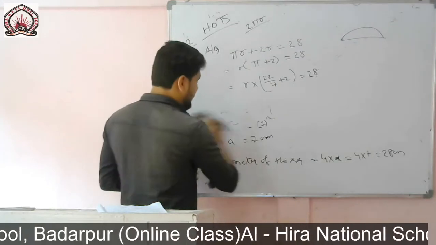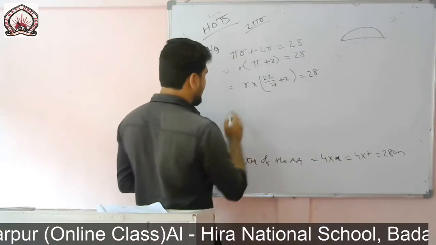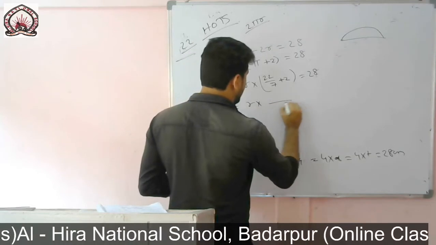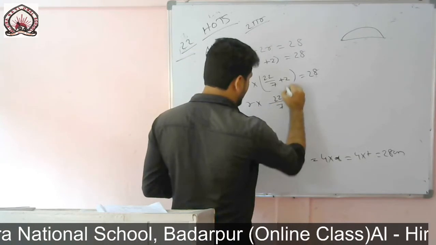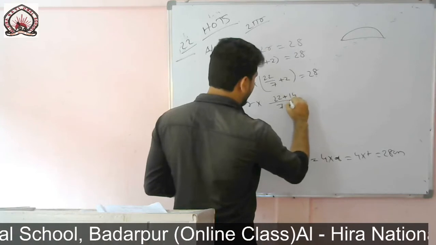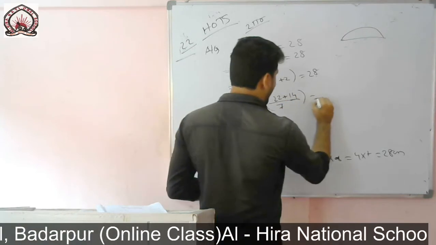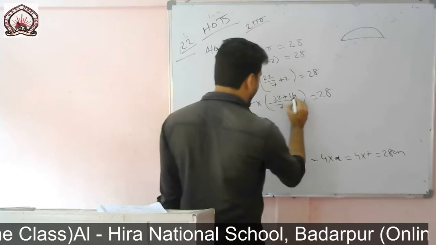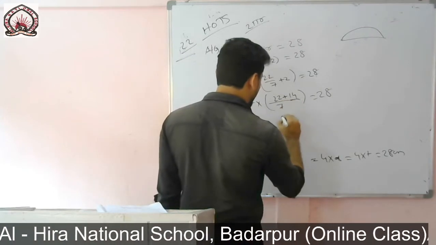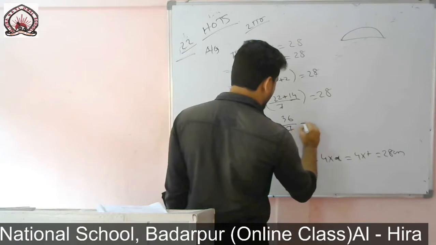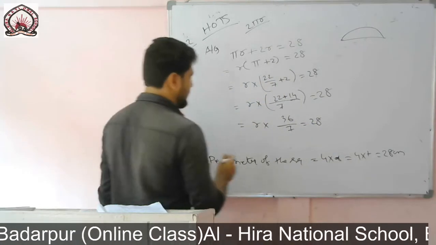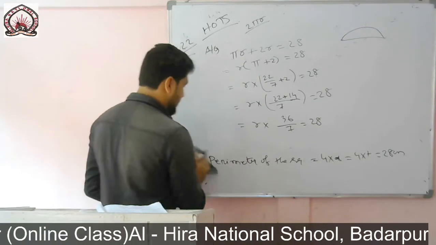Now r into (22 plus 14) by 7 equals 28. So r into 36 by 7 equals 28.